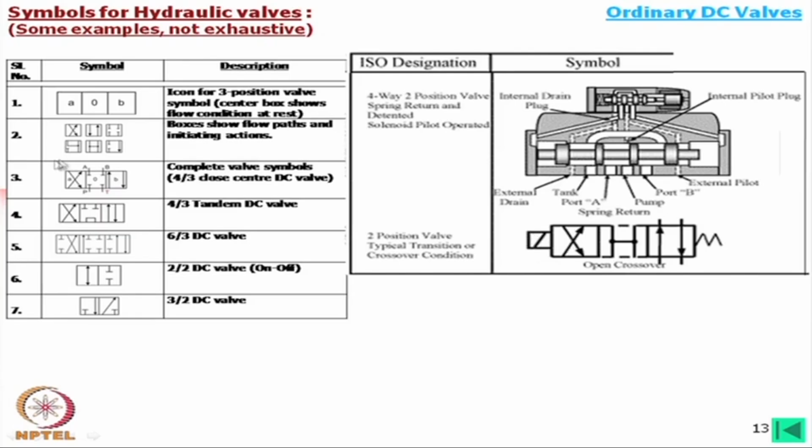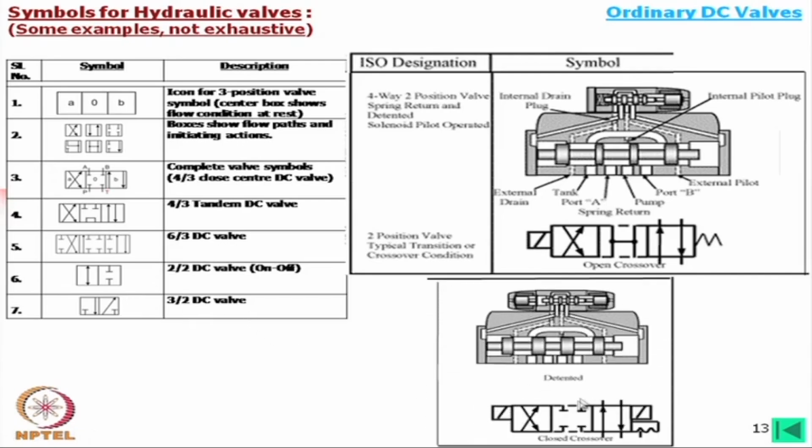That of course, always has to be added to show the full form of the valve. And this is the other one which I have also discussed. This is closed crossover. This is also having detent.